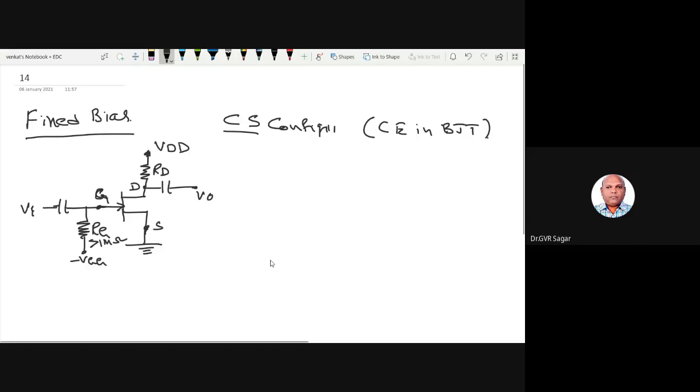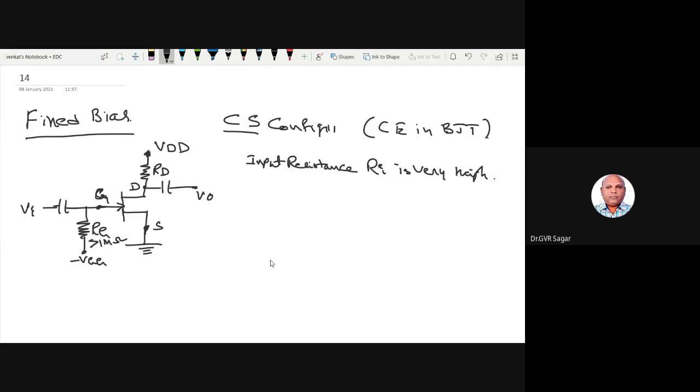Here in the JFET, the gate junction is reverse biased, so the input resistance RI is very high.